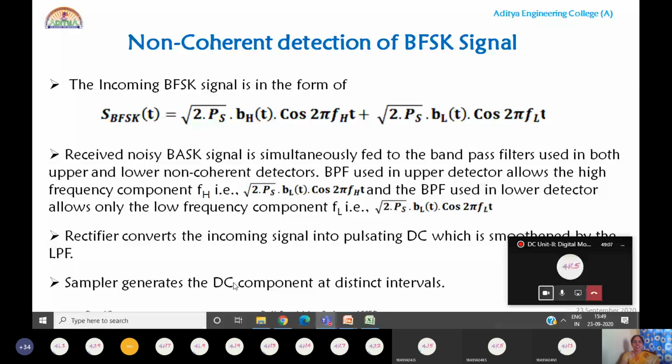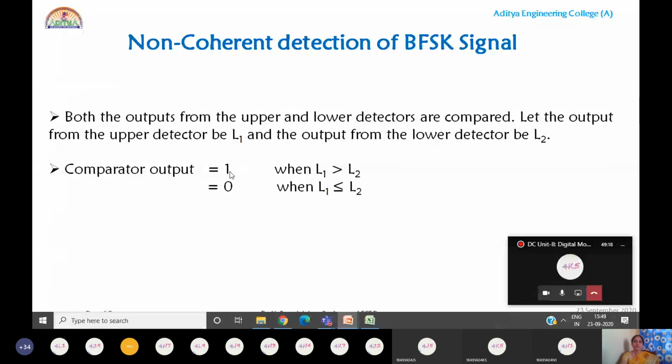Here the sampler generates the smoothed DC component at distinct intervals. Both are compared at the comparator, and when L1 is greater than L2, the output is 1. And when L1 is less than or equal to L2, the comparator output is 0.